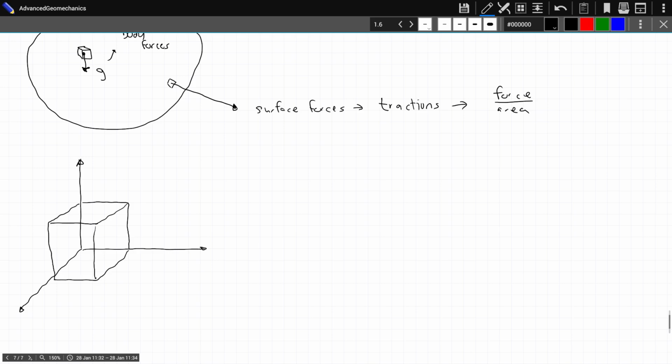So this is x1, x2, x3, again in the current configuration.